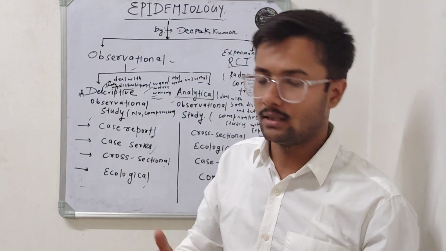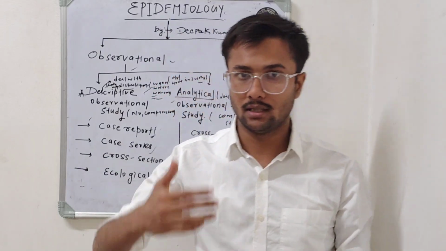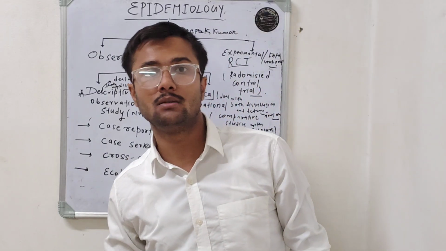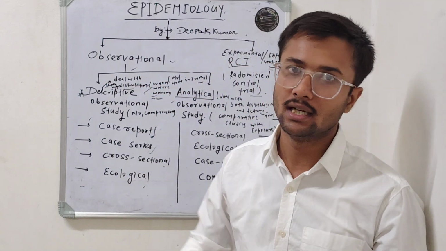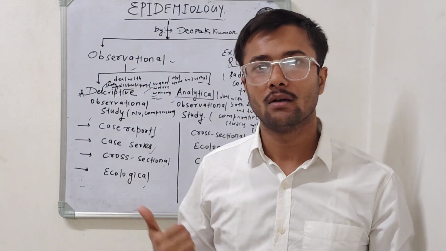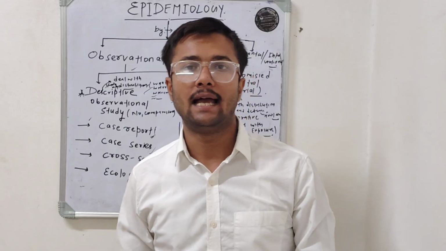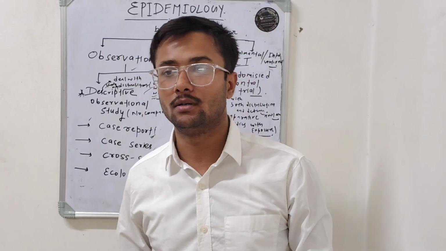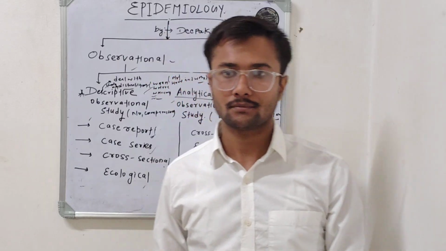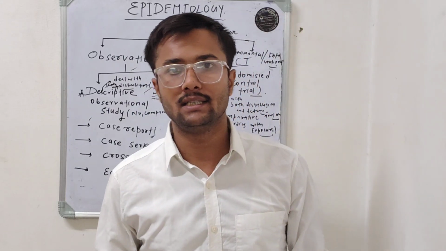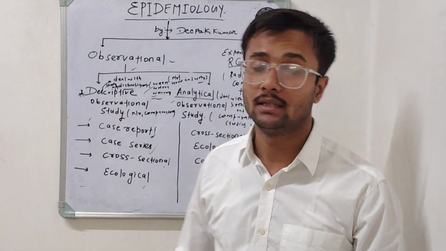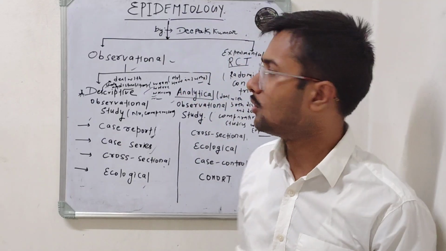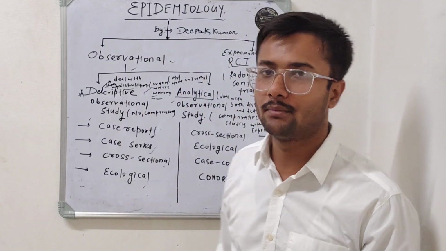So when we compare the data by including both exposure and disease, then it comes under the analytical study. And when we only compare the data without any risk factor, then it comes under the descriptive study. So this is all about the observational descriptive study.